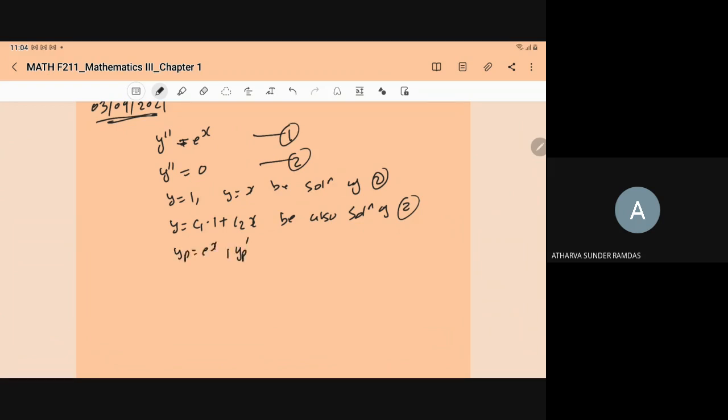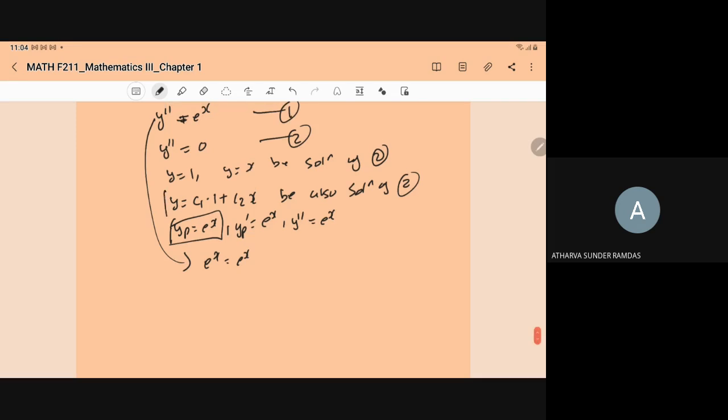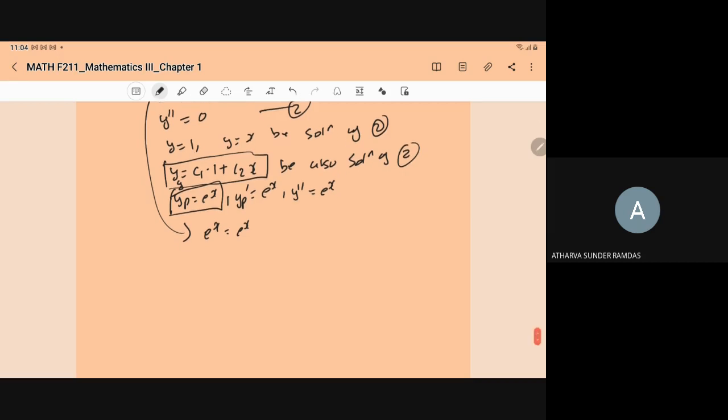So yp dash is equal to e to power x and yp double dash is equal to e to power x. Here you can see that e to power x is equal to e to power x. So yp is a particular solution of the complete equation and yg is the general solution of the homogeneous reduced equation.